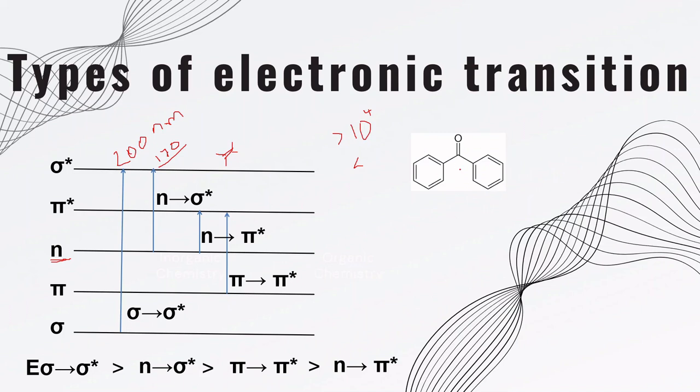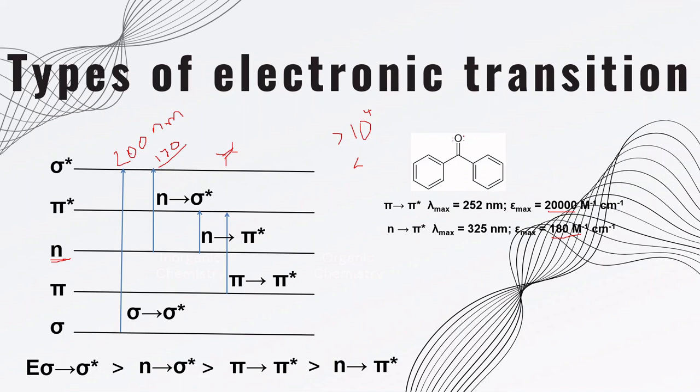Benzophenone, for example, shows a pi to pi star transition around 252 nanometer, and the corresponding epsilon max value is 20,000, which indicates that it is an allowed transition. For the same molecule, we will also get one more band around 325 nanometer. Epsilon max for that band is 180, which is much lower, indicating that it is a forbidden transition.